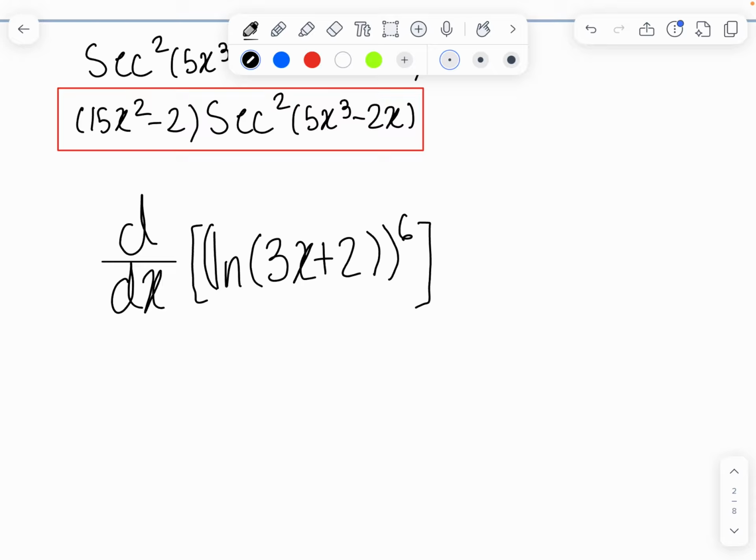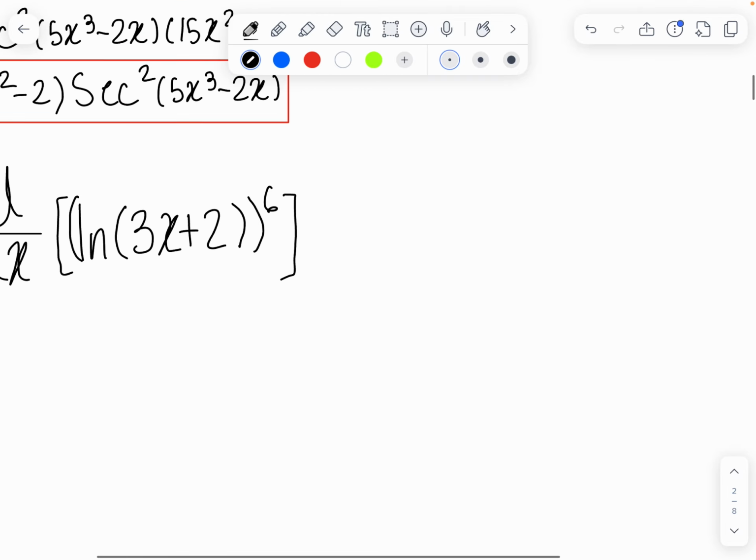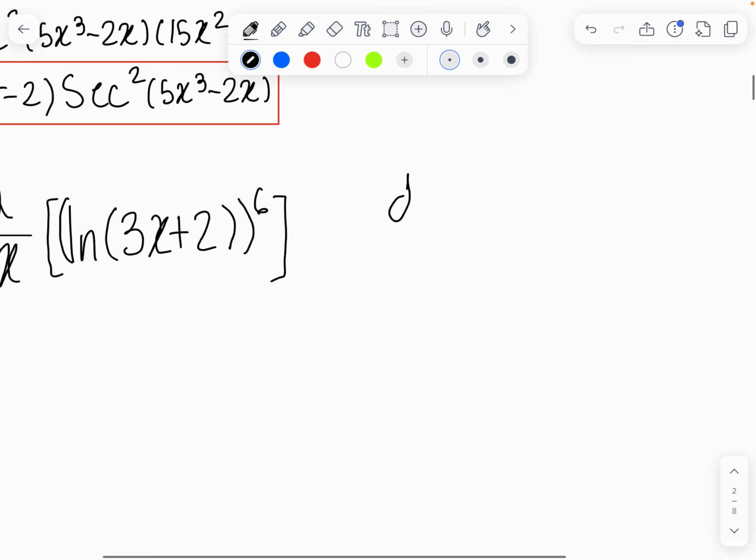Oh, and if you don't know what to do about the natural log, you just have to memorize this.